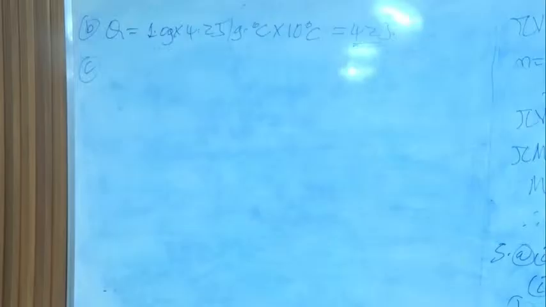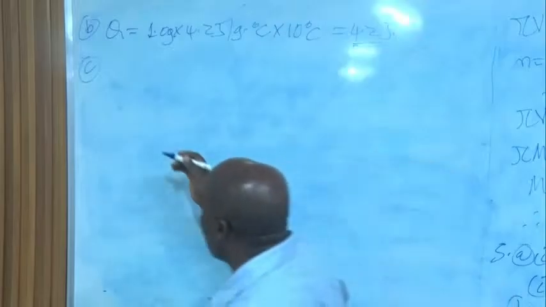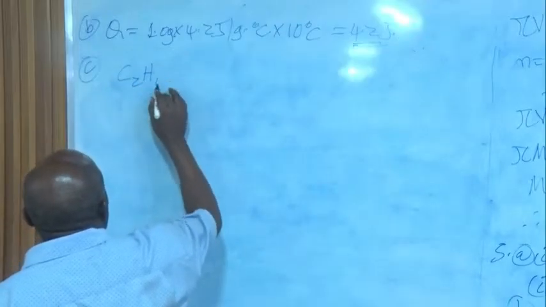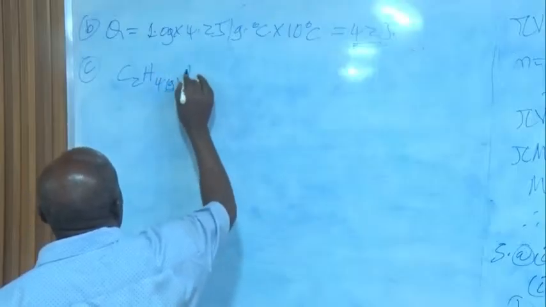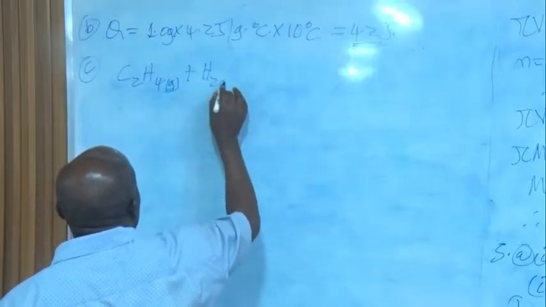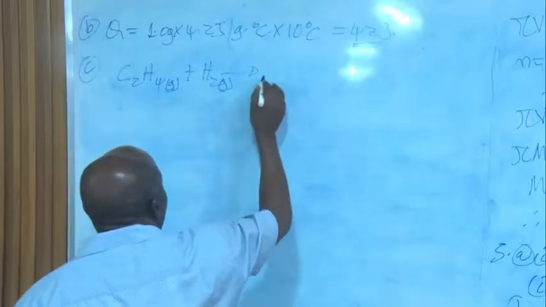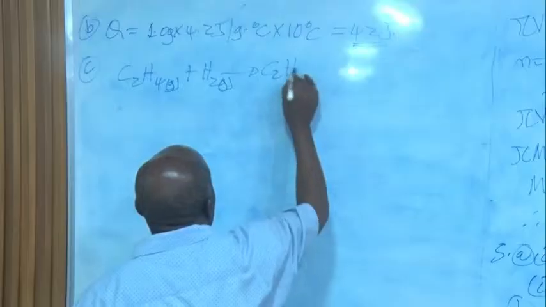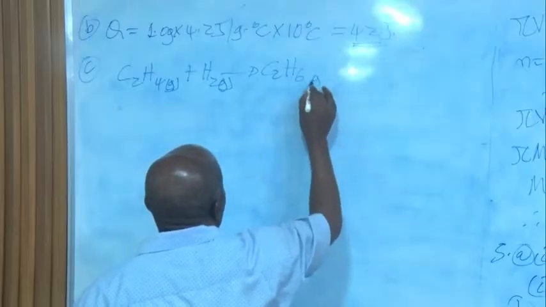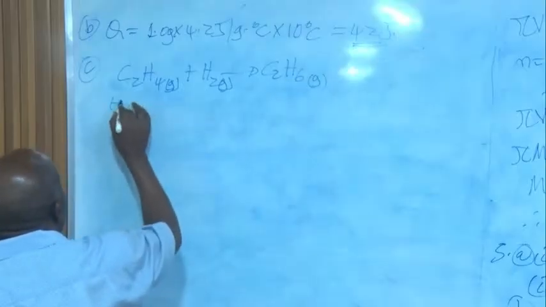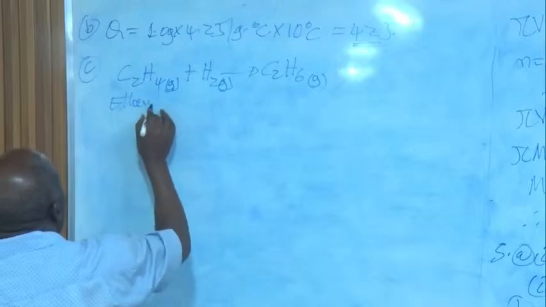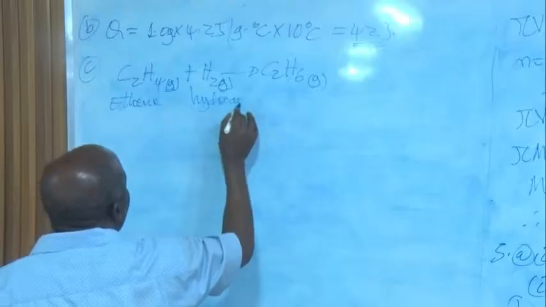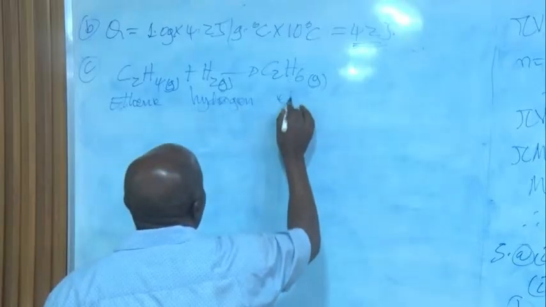Now the reaction is ethene gas reacts with 1 mole of hydrogen gas to form 1 mole of ethane gas. So this is ethene gas, this is hydrogen gas, and this is ethane gas.